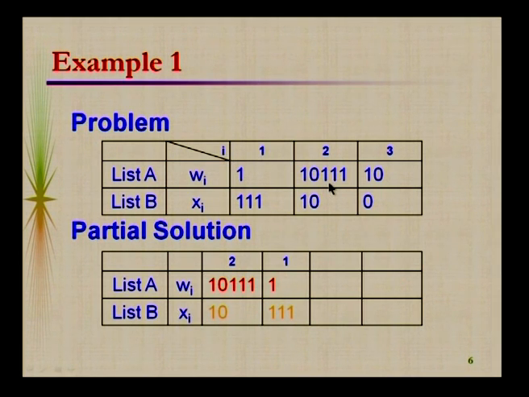but the intention is to find a complete solution. So when you take 1 as the first string, if you combine it with the corresponding pair 2, what will happen is the third symbol will become 0 in the concatenation, whereas the third symbol in the list B concatenation is 1. So there is no match. It means that you can't have a solution starting with 1 followed by the corresponding pair 2.